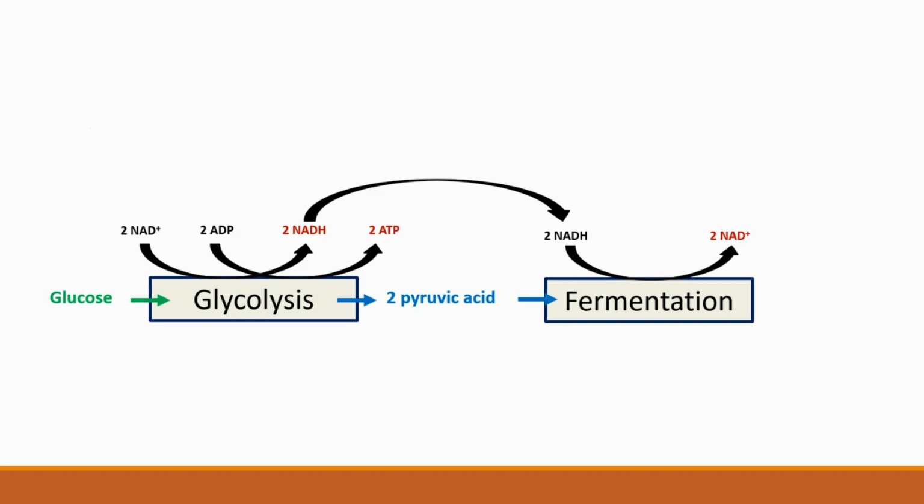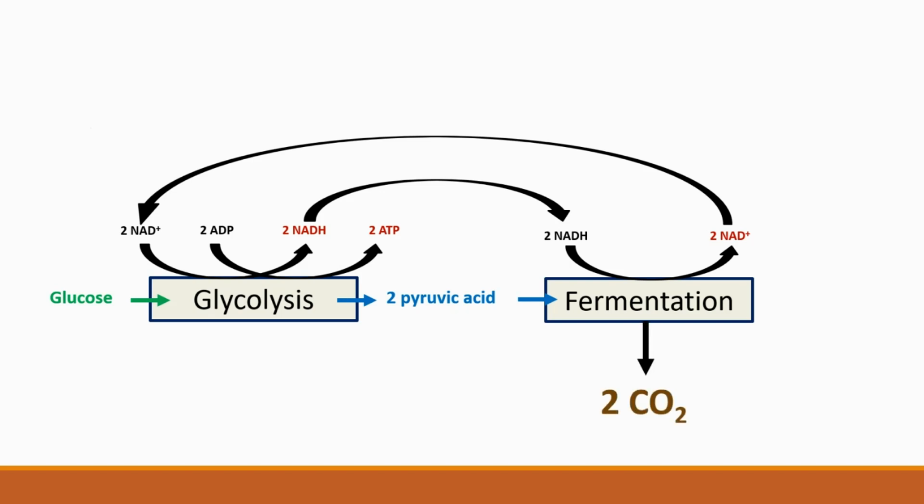In ethanol fermentation, ethanol and CO2 are formed. We can account for all of the carbons because ethanol has two carbons in it. So two ethanols plus two CO2 molecules is equal to six carbons, the same number of carbons in glucose.